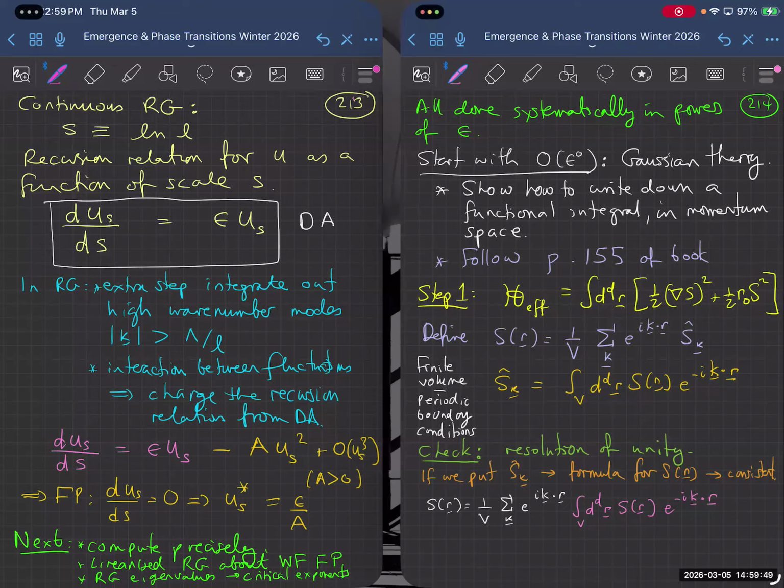If I'm substituting this S of K in here, this is a dummy variable, so I have to call it K. I am starting over, but you're on the right track. It should be not R, but R prime. Thank you. The mistake is it should be R prime, not R, because R prime here is a dummy variable, and it's not the same R as on the left-hand side.